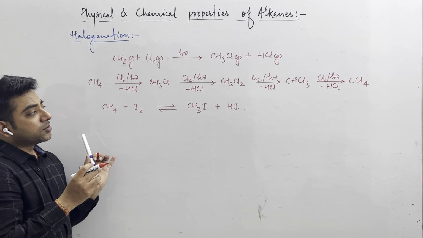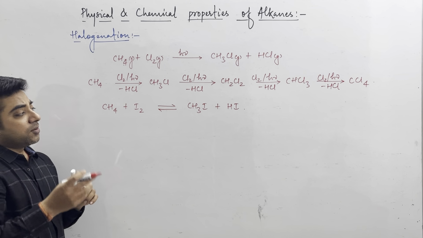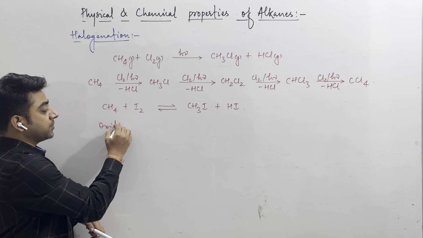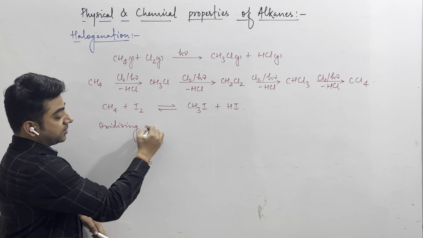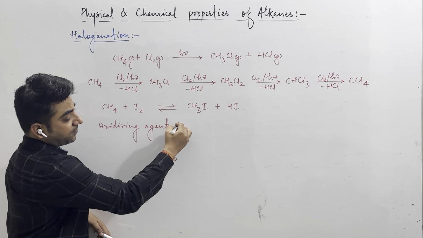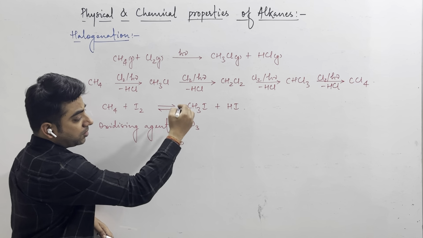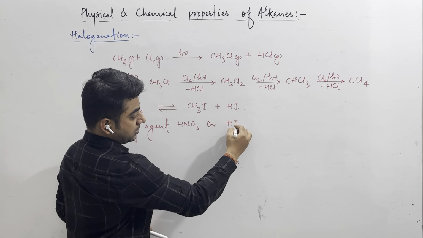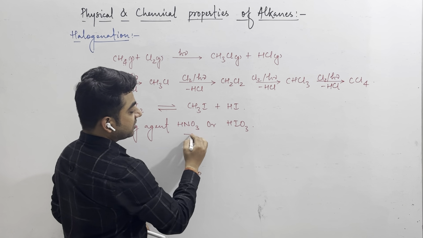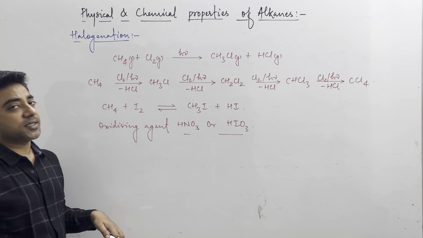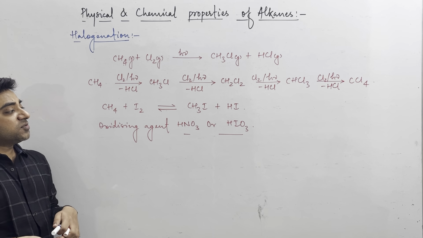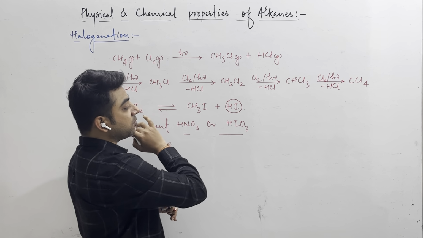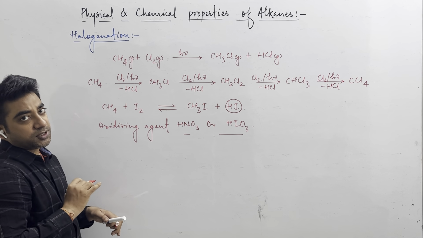But suppose you want to increase this methyl iodide, what you can do is use an oxidizing agent like nitric acid or hydrogen iodate. These two oxidizing agents can be used in this particular reaction. When these are used, they oxidize hydrogen iodide formed in the reaction to iodine.